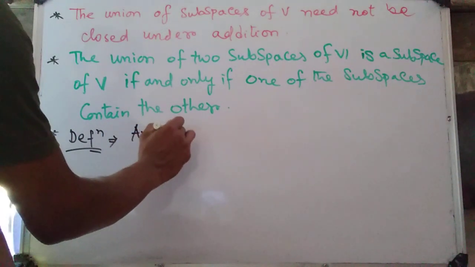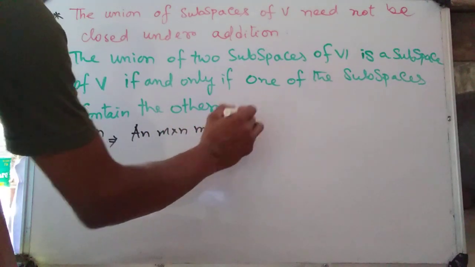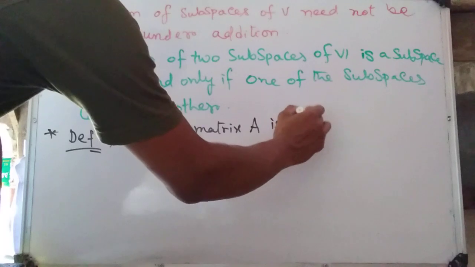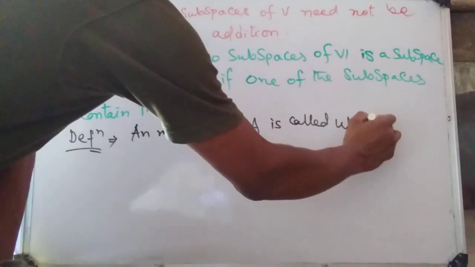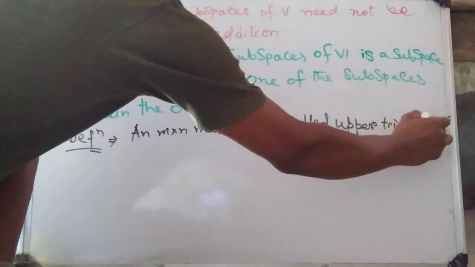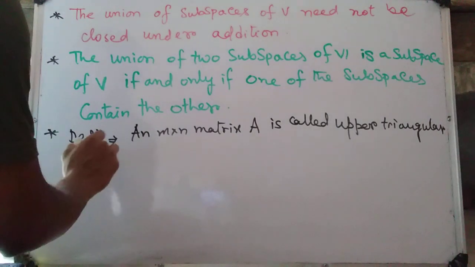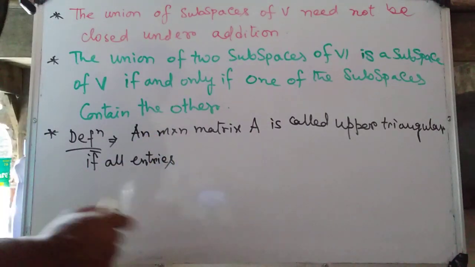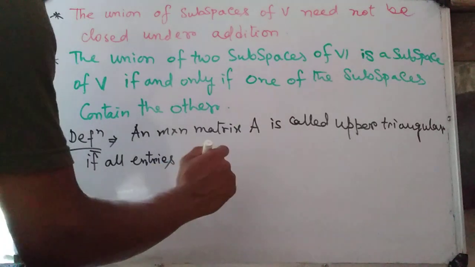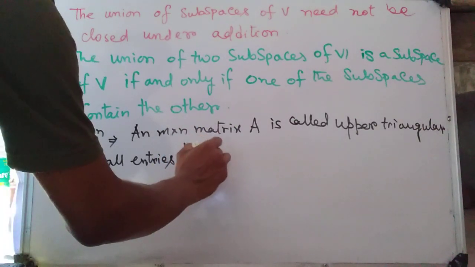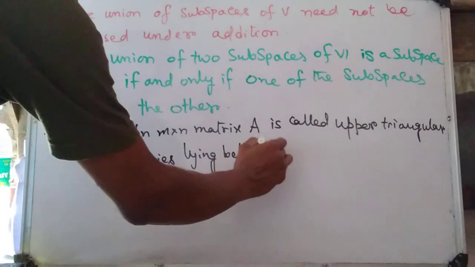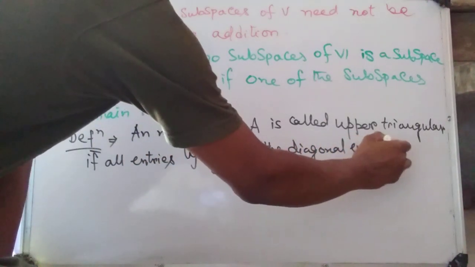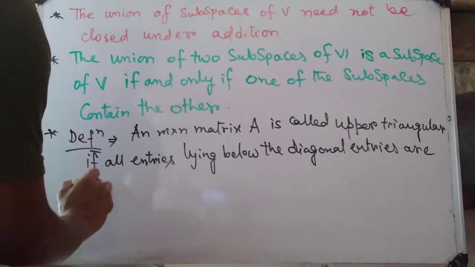Take an m cross n matrix A. It is called upper triangular if all entries lying below the diagonal entries are 0.